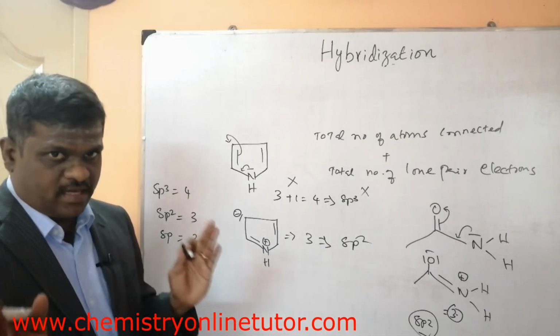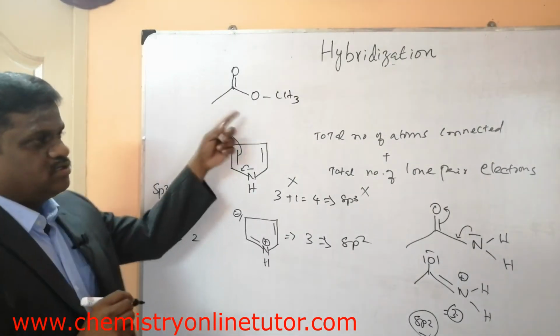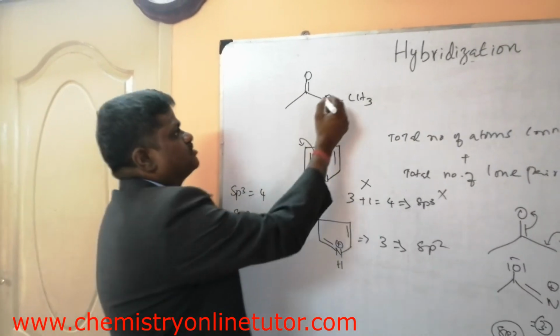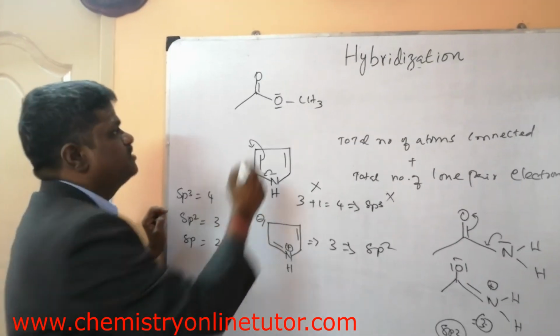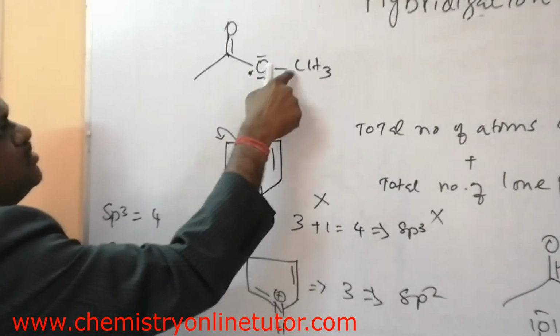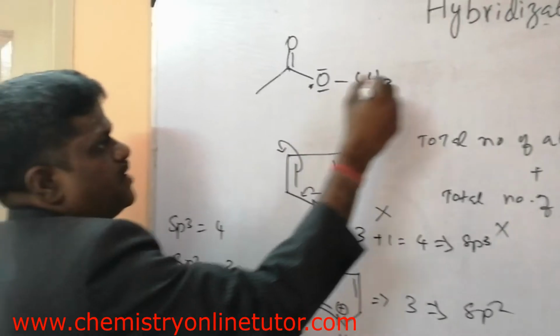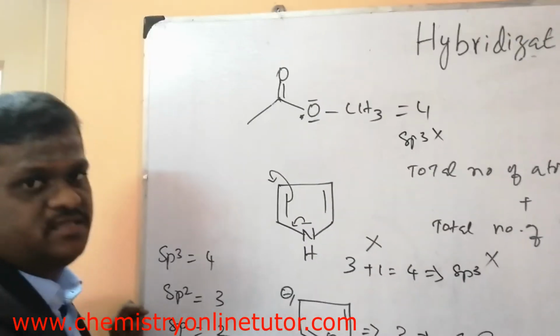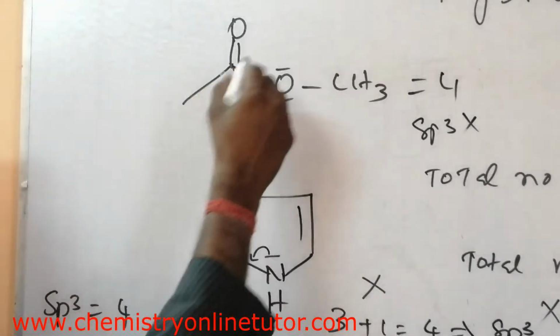Let's see one more example. This is an ester and the task is to identify the hybridization of this oxygen atom, the one with the asterisk mark. If you apply this rule, 2 atoms and 2 lone pairs, so it gives 4 and it gives sp3. But sp3 is wrong. Why?